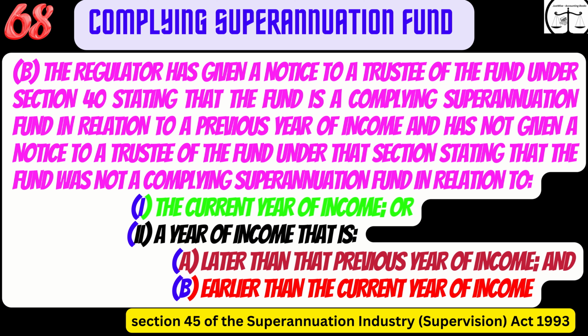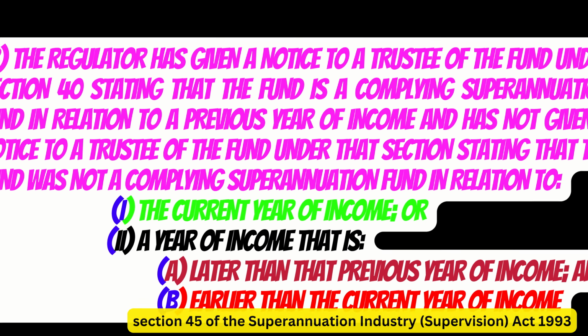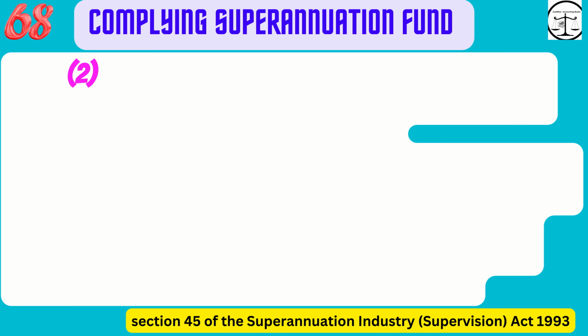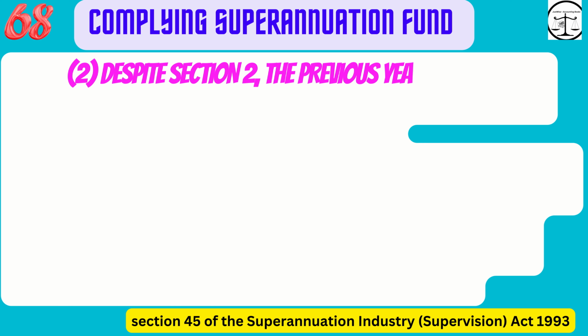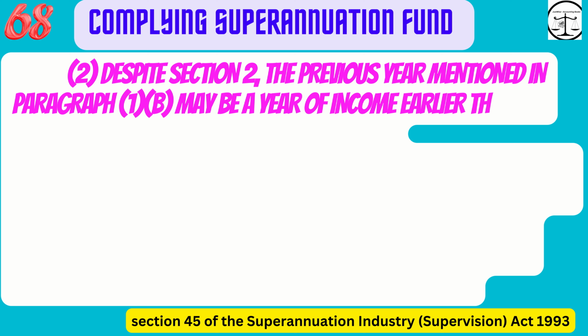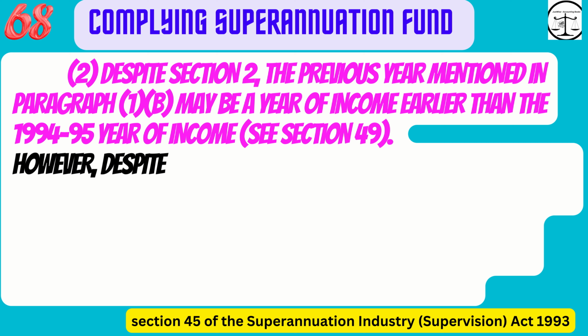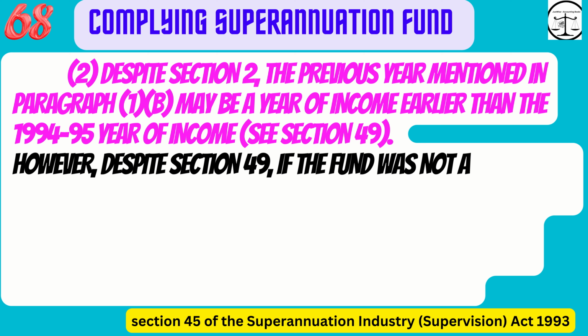2. A year of income that is A. Later than that previous year of income, and B. Earlier than the current year of income. 2. Despite Section 2, the previous year mentioned in paragraph 1b may be a year of income earlier than the 1994 to 95 year of income, see Section 49.